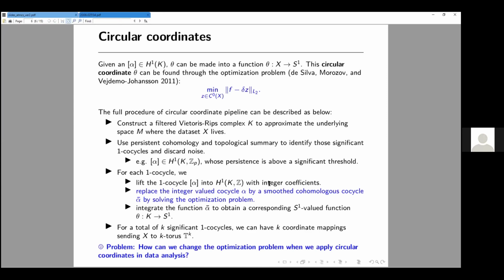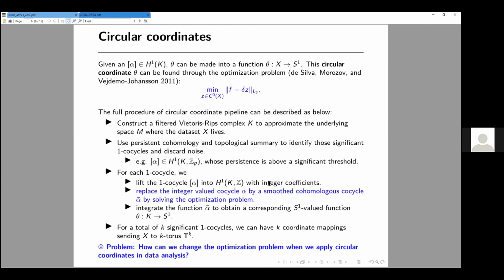And then we integrate the function alpha bar to obtain the corresponding S1-valued functions, which will serve as the coordinate map in our dimension reduction problem. In the end, we probably got more than one significant cocycle, we got k significant one cocycles. In that case, we have k coordinate mappings, which map the data set onto a k-torus T^k.